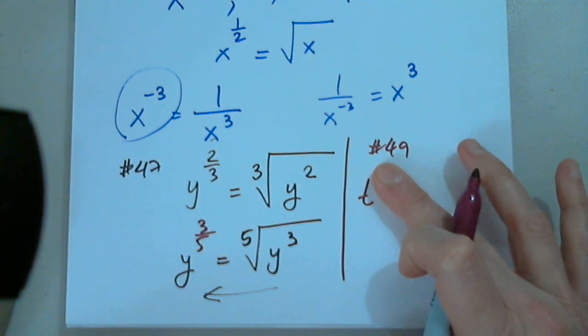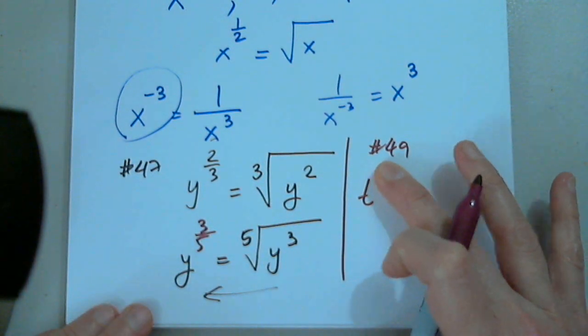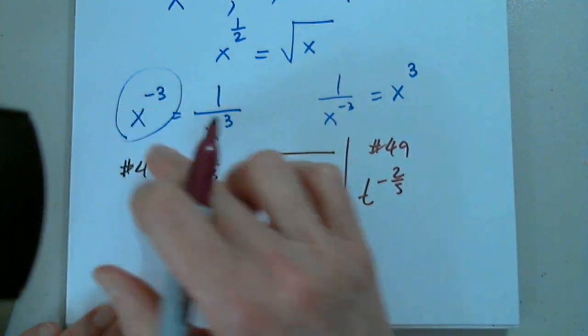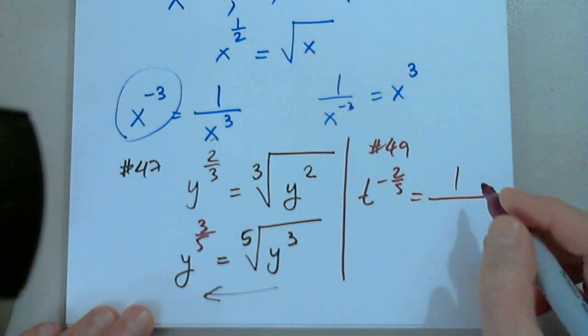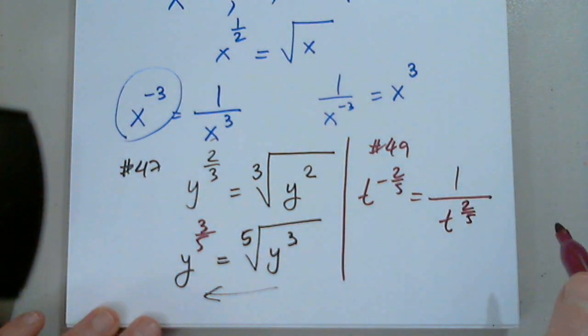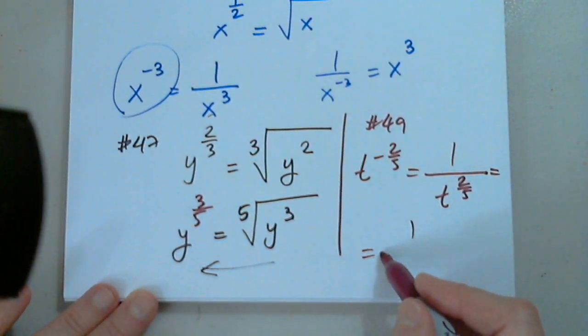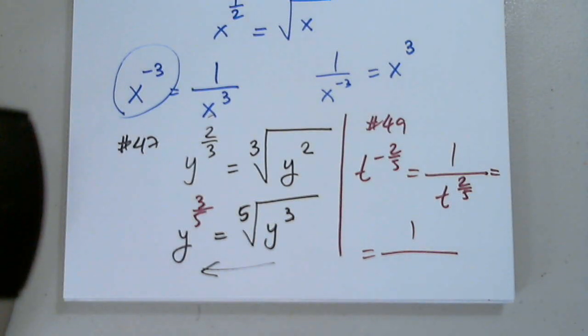So first of all, remember that every time I see a negative exponent, and it's not in the denominator, I have to write 1 over t to 2/5. And now let's change t to 2/5 into what? Because the power is a fraction, I know where that is coming from or what it represents. What does it represent?